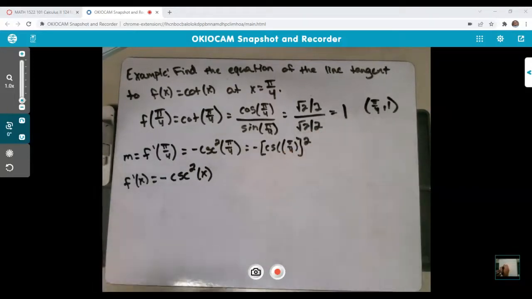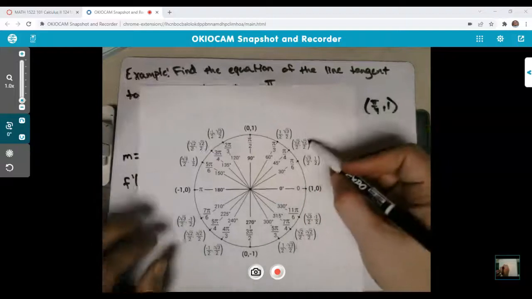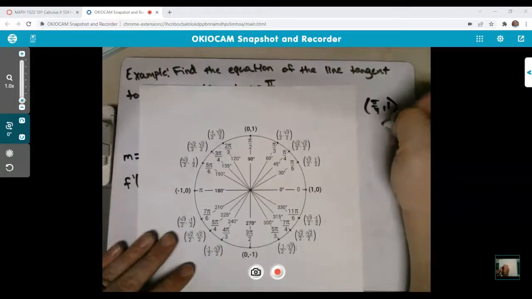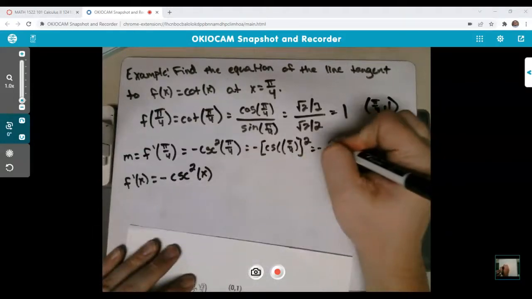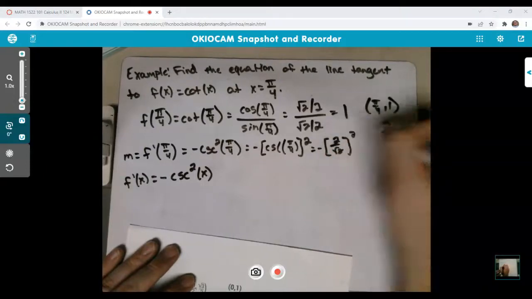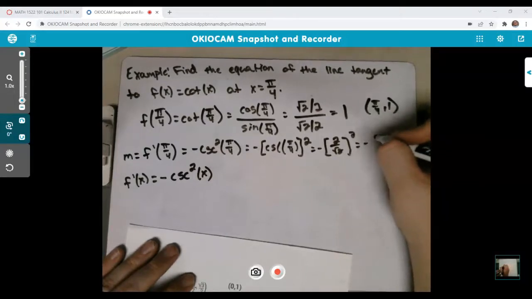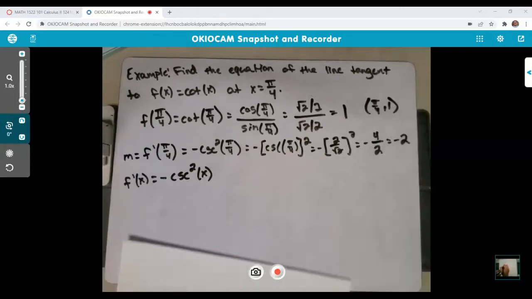So I've got to find out what cosecant of pi over 4 is. Remember, cosecant is 1 over sine. Sine of pi over 4 is the square root of 2 over 2. So I've got to do 1 over that, so 2 over the square root of 2. 2 over square root of 2 squared: 2 squared is 4 over square root of 2 squared, which is 2. 4 over 2 is 2, so my slope is negative 2.